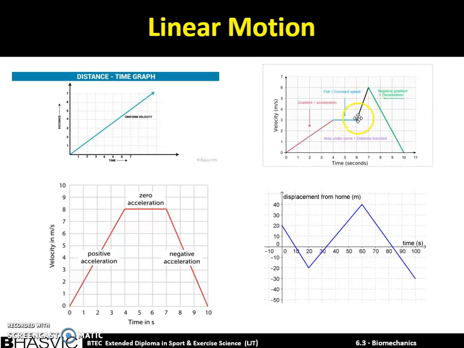Again, in this part, there is an increase in velocity over that period of time. Therefore, it's accelerating. This point here, 6 seconds or 7 seconds even, is decreasing in velocity, so it's a negative change in velocity. So it's not negative acceleration, it's deceleration, which is equal to negative acceleration, but it's deceleration as it's slowing down, going down to 0 as it gets to 10 seconds.